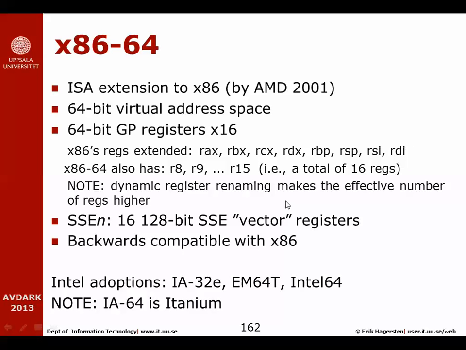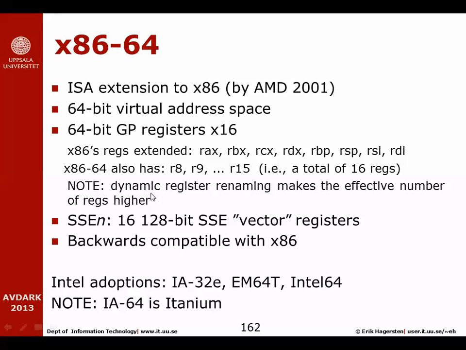Also, since this is a point in time when we started to move towards out-of-order execution, we also started to see the renaming of registers that you get from the Tomasulo algorithm. So effectively, the number of registers in the real implementation was much higher than these 16 registers. That further took away some of the differences between RISC and CISC.